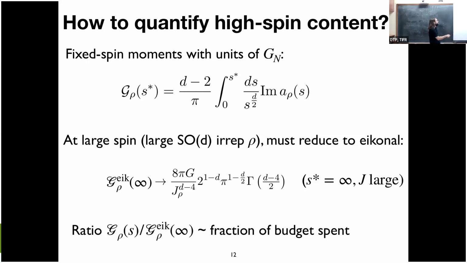So this ratio of integrated spectral density over the eikonal distribution, the eikonal model, gives you a very natural normalization of the budget that you expect to go from 0 to 1 as you go from low energy to high energy. So it's a very natural way of quantifying how much high spin content you've added up to an energy S.